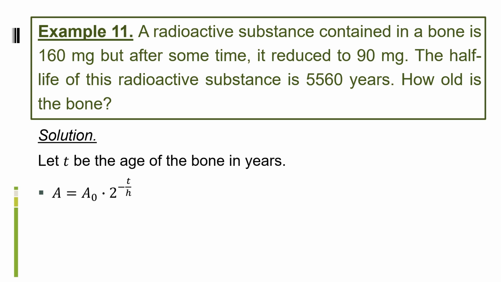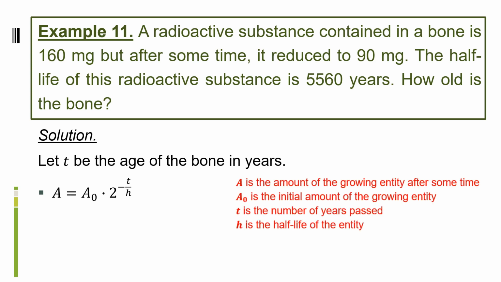So we will use the formula A equals A sub 0 times 2 raised to negative t over h, where A is the amount of the entity after some time, A sub 0 is the initial amount of the entity, t is the number of years passed, and h is the half-life of the entity.